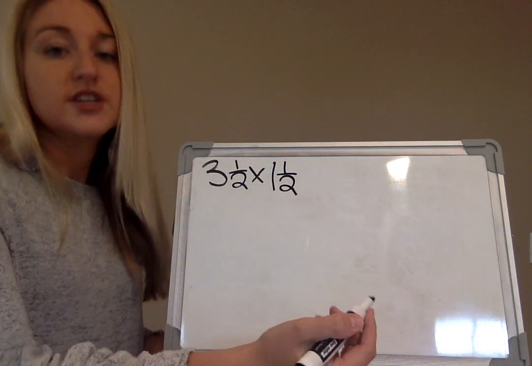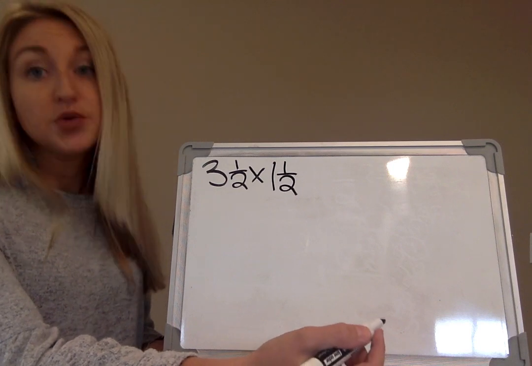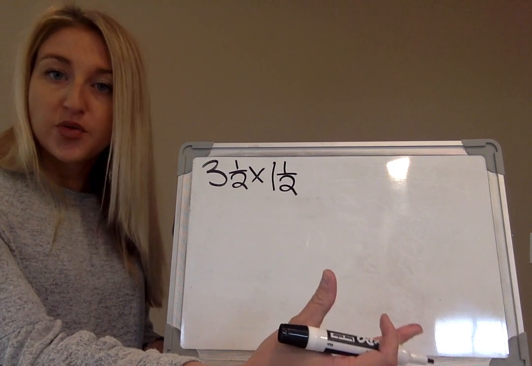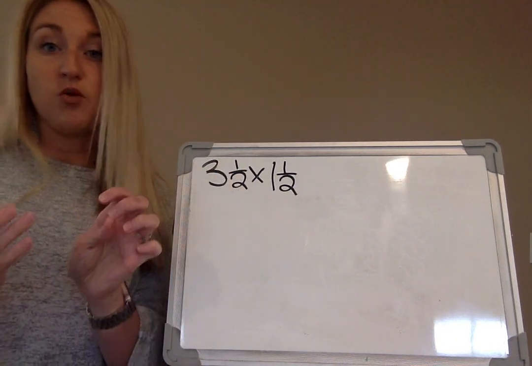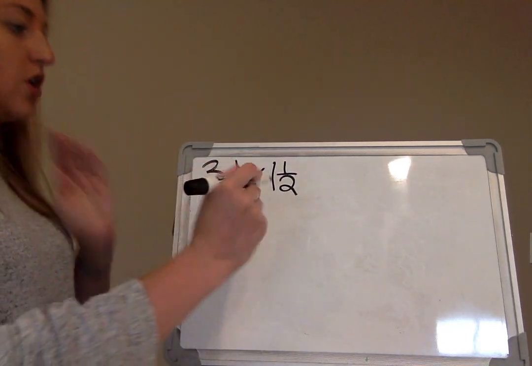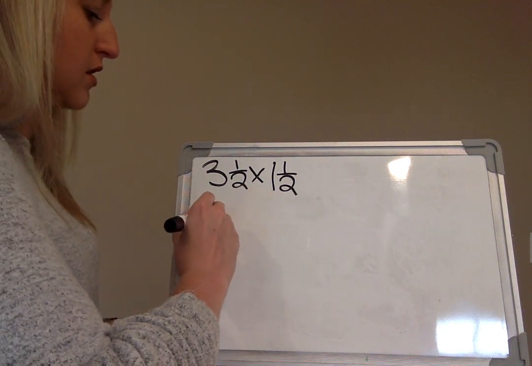As you can see, the difference here is we're multiplying by two mixed numbers this time. So for both of these numbers, we're going to split up the whole number, like your 3, from the 1/2. We're just going to separate them. So, draw yourself a box or a square again.